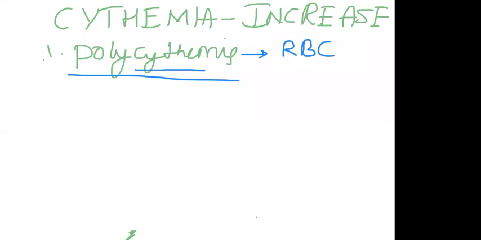Cythemia we already learned: increase. So polycythemia means increase in the number of RBC. Particularly, they are not pronouncing it as erythrocythemia, they are saying it as polycythemia. Just try to remember this.